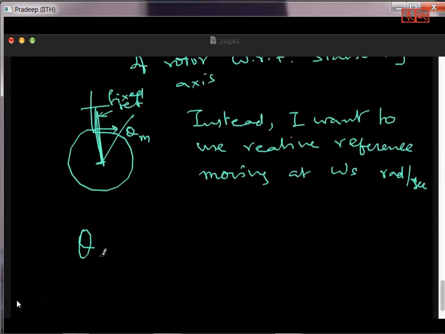So I'll write theta m as omega s m times time plus delta m. This delta m is the relative angle compared to the synchronously rotating reference frame.